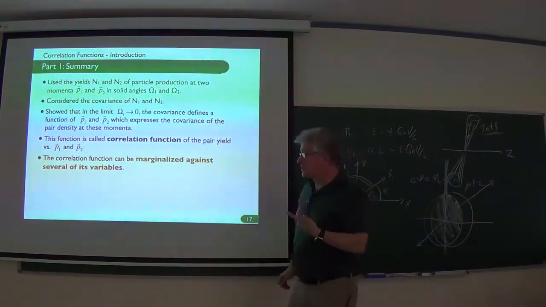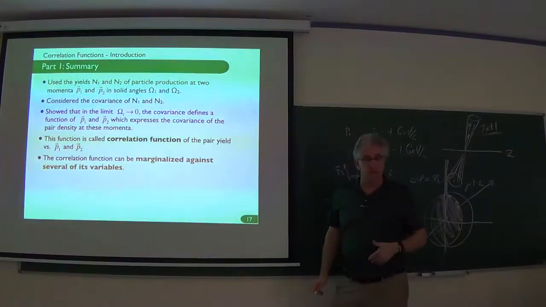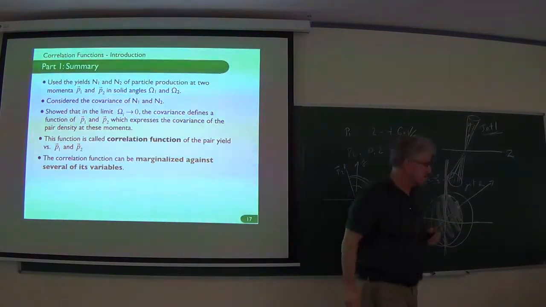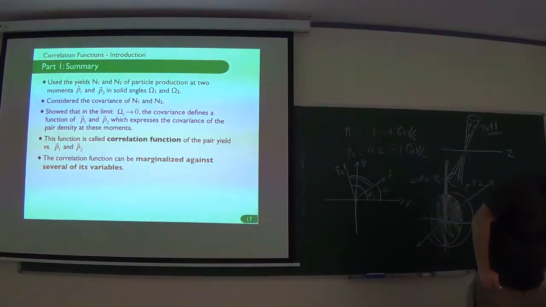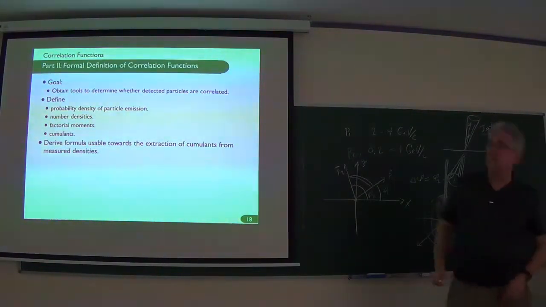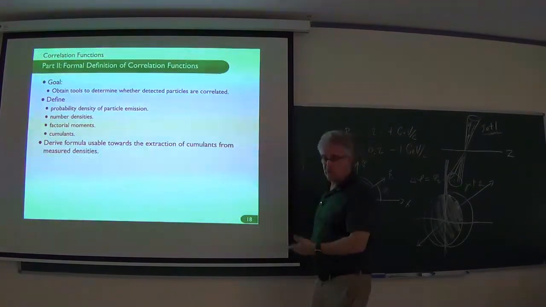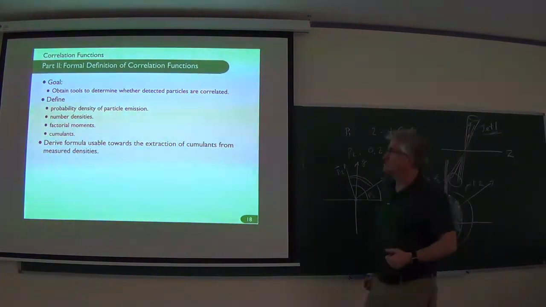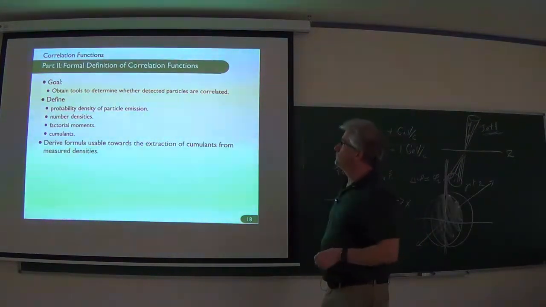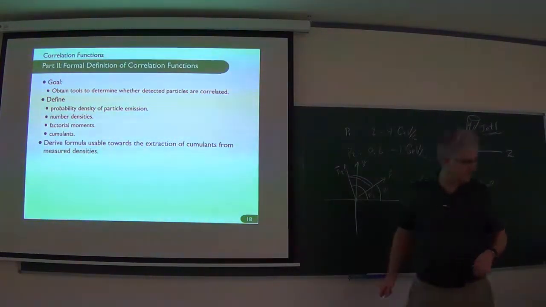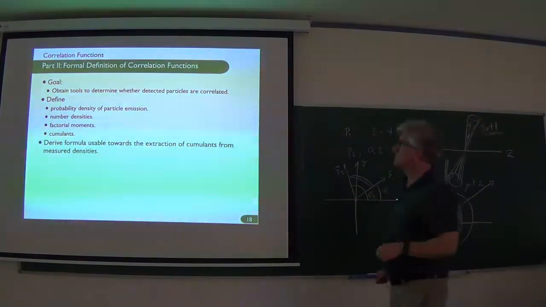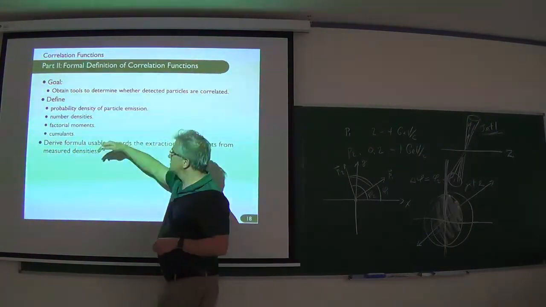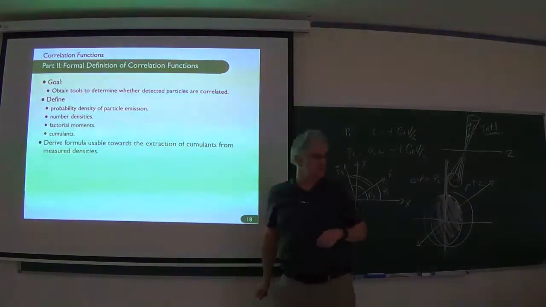That's the first point. The second point is that you never look in six dimensions in practice, you would always marginalize over a set of several variables. So now we can introduce formally the correlation function, not just for two, but for more particles than just two. And as we do this, we'll discover that there are different quantities of interest: number densities, factorial moments, cumulants.